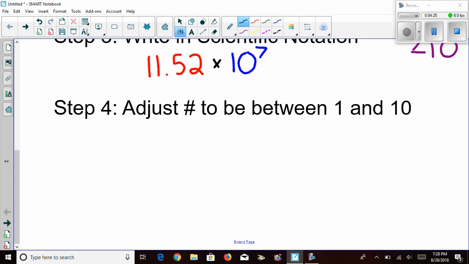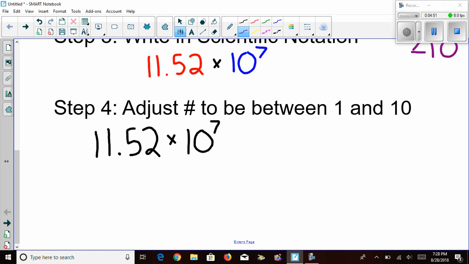I'm going to start by rewriting the number below. And now I'm going to look at where the decimal needs to be. The decimal needs to be in a spot where there is only one number on the left side.